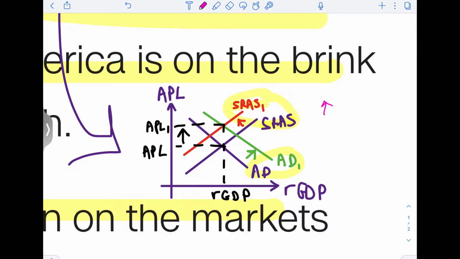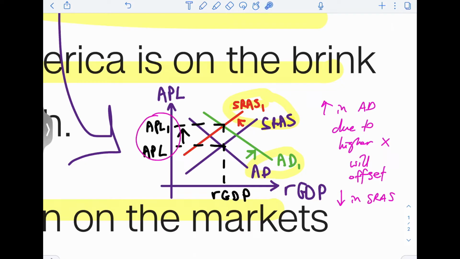So you have an increase in AD due to higher export revenue that will offset the decrease in short run aggregate supply. So while the average price level may rise, real GDP remains relatively stable.